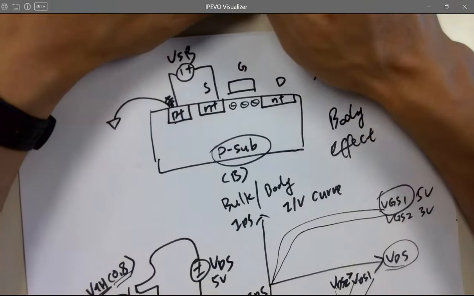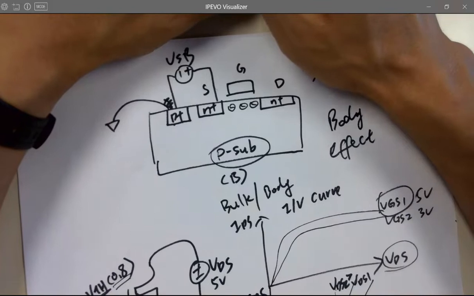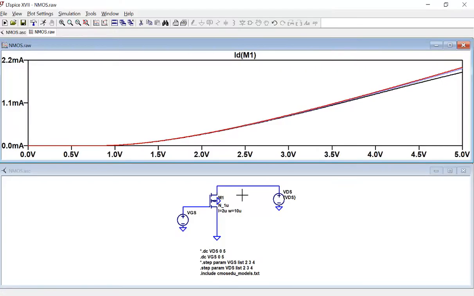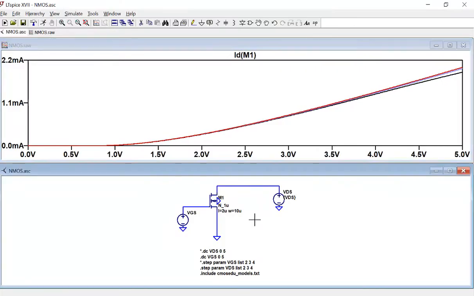Now, let's try to make some body effect over here. So the body effect is when you have a VSB. So the source, got a source and bulk voltage difference, right? And source is higher, bulk is lower.